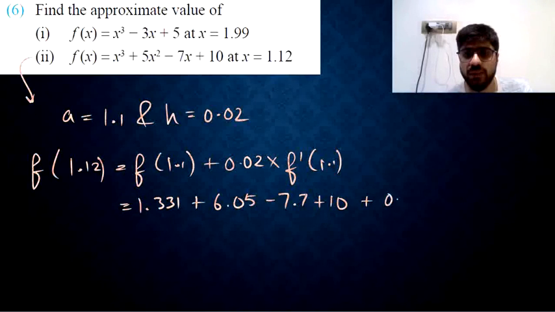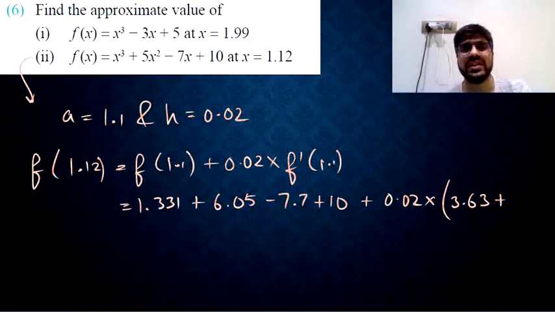To it we are going to add 0.02 into f dash 1.1. So take a derivative and put x as 1.1. So we have 3 into x square, that is 3 into 1.21, and that's going to be 3.63. To it we are adding 10x. So 10x, that would be 11 and minus 7. Yeah. So we have 1 and 6 making it 7. 7 minus 7 making it 0, and then we have a 10.